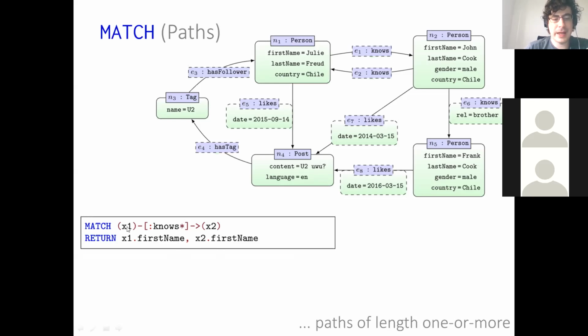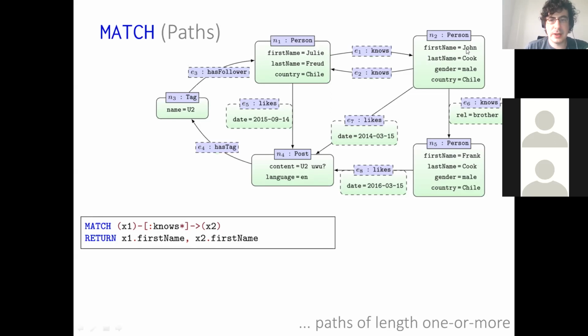So what we're looking for is nodes x1 connected to other nodes x2 by a path of 1 or more edges. And we're returning the first name of the first node and the first name of the second node. So we would have, okay, Julie knows John, so Julie John would be one result. Julie knows John knows Frank, so we would have Julie Frank as another result.